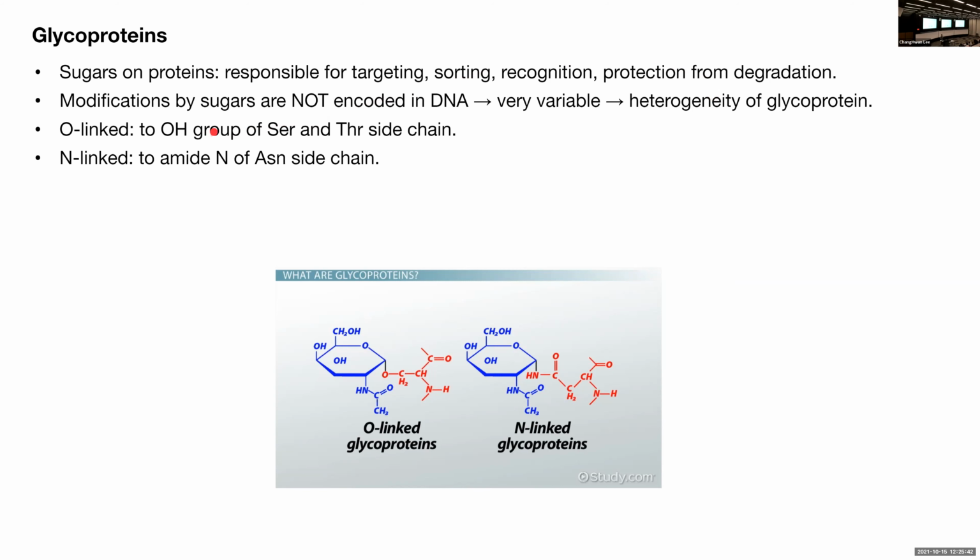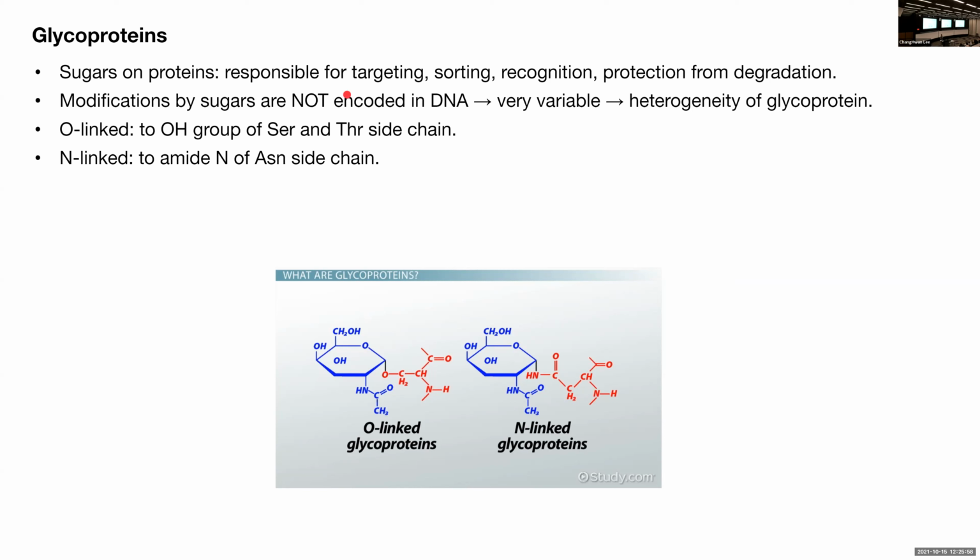And these modifications are not encoded in the DNA, because DNA only tells about the amino acid sequence, right? So it's not going to tell anything about the decoration on those proteins.